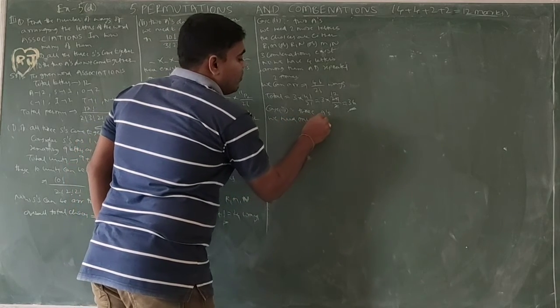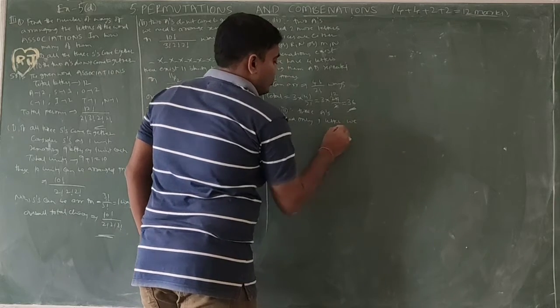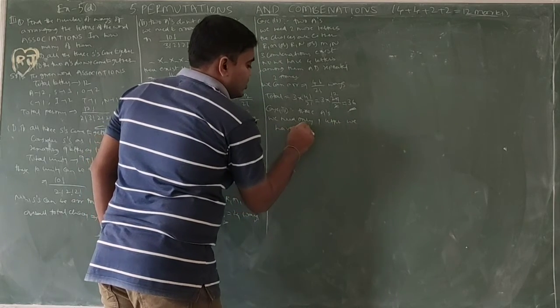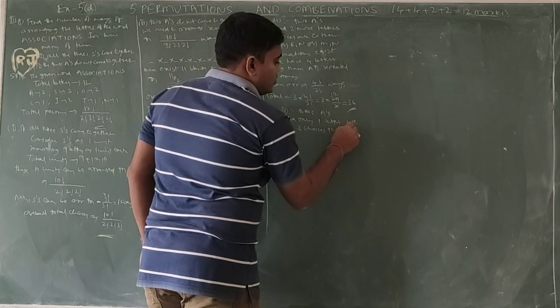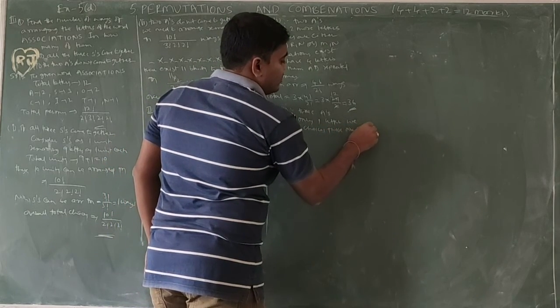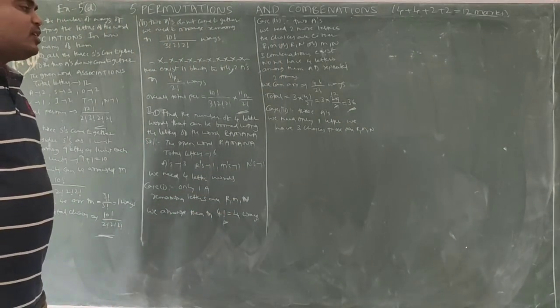Only 1 letter. We have 3 choices: R, M, N. Either R or M or N. These are the 3 choices.